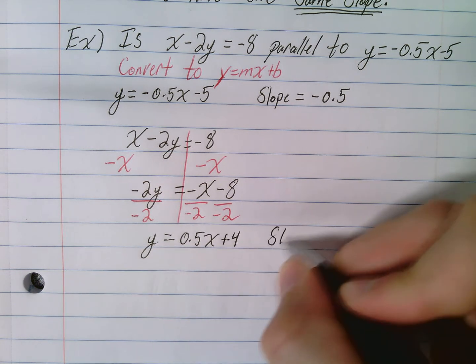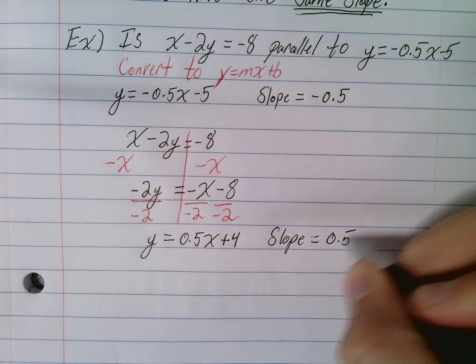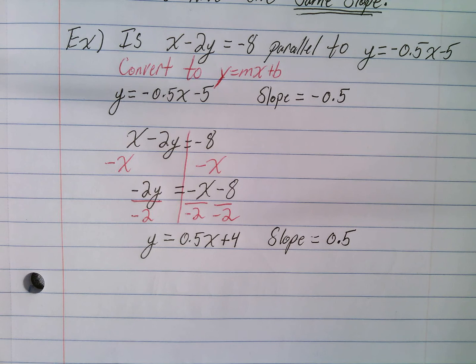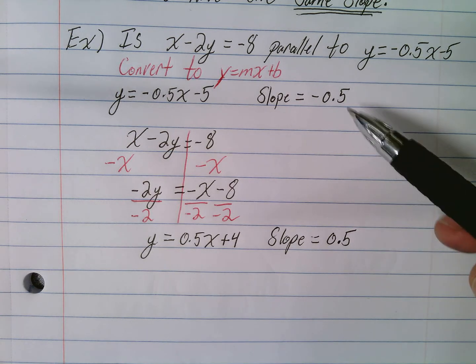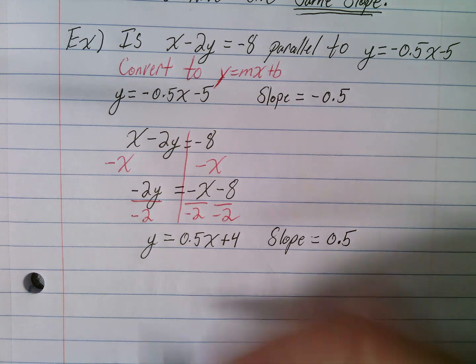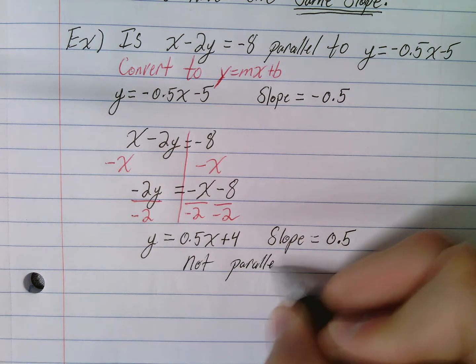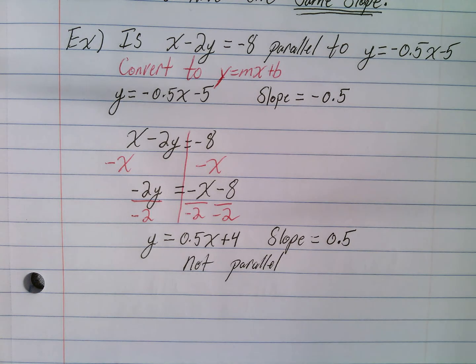What is the slope here? 0.5. Are they parallel? Is -1/2 the same as +1/2? No. Not parallel. Okay, we'll pick up there with an example tomorrow, but that should get you through most of your HRW.